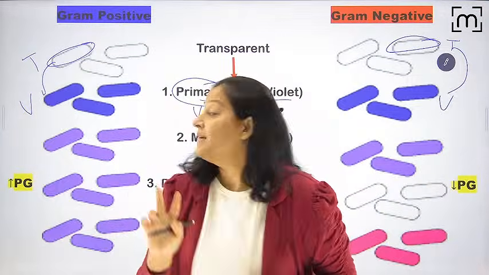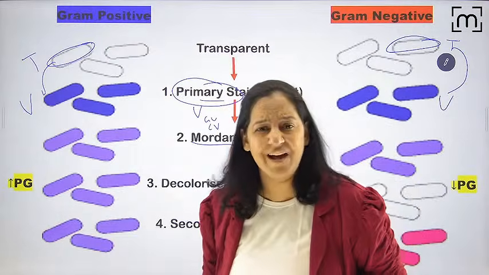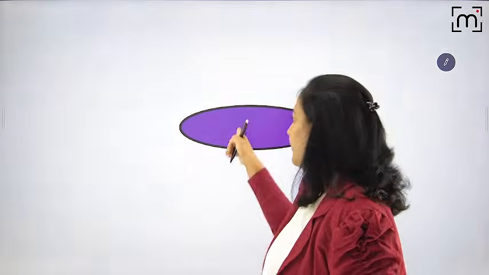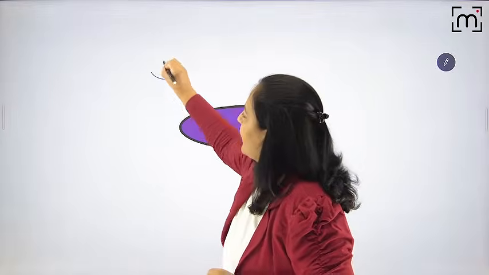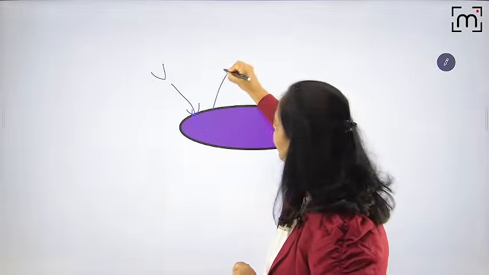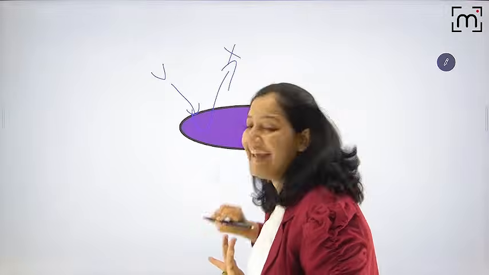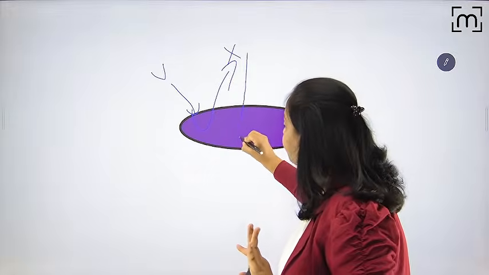Step number 2, use a mordant. Mordant is iodine. You say, what is mordant? Wait. So you can see this was a transparent bacteria. You have given the primary stain which was violet in color. It picked the stain and became violet. But the problem is that it can leak out again. We do not want leakage. So basically I want to fix it.